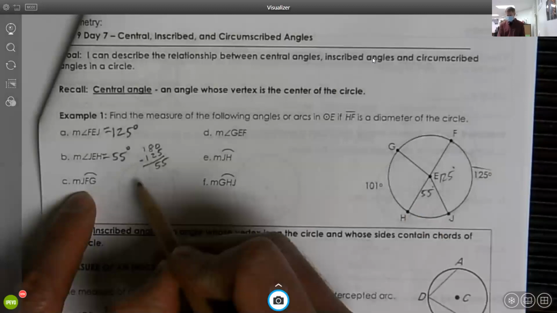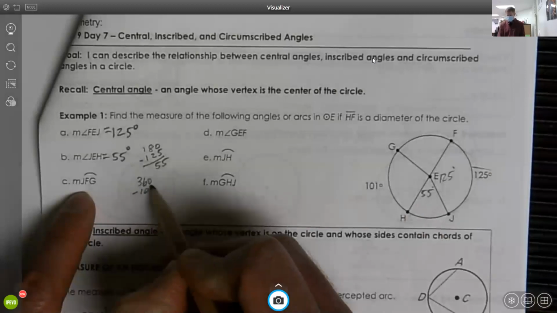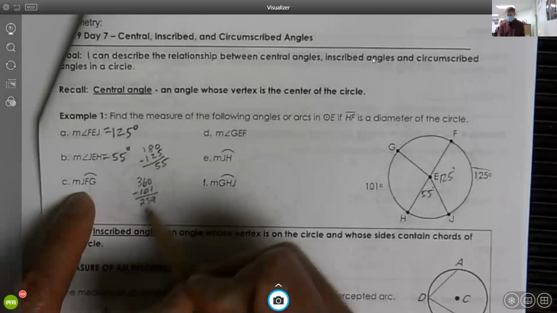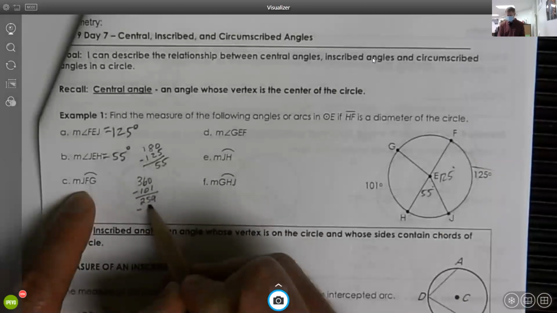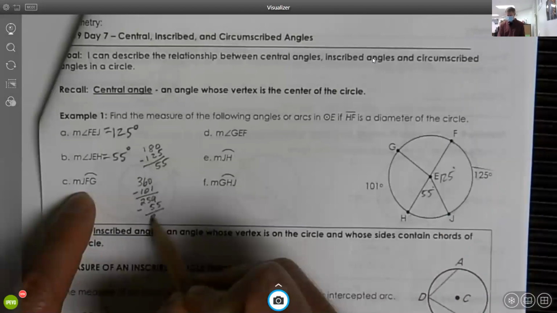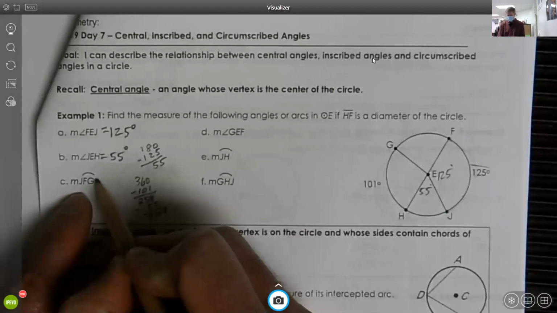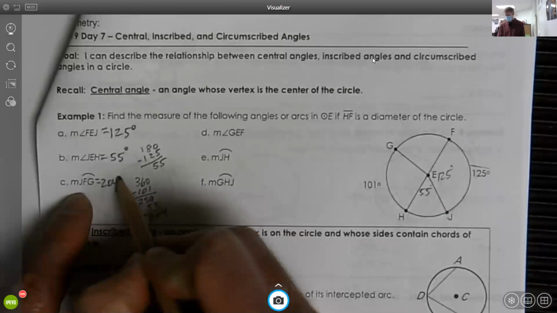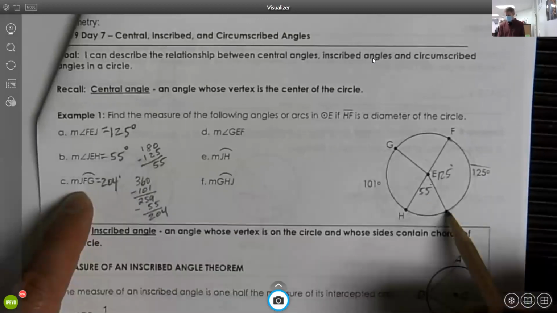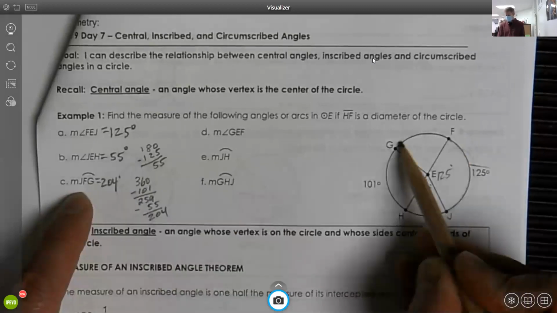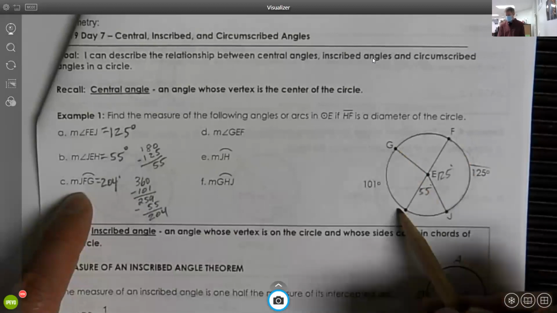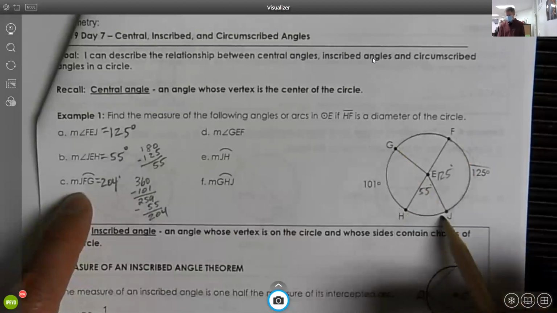So that's 360, not counting 101, so that's 259, and not counting the 55, so that's 204. So that would be 204 all the way around, because we're not going to count the 101 and the 55 from the total of 360.